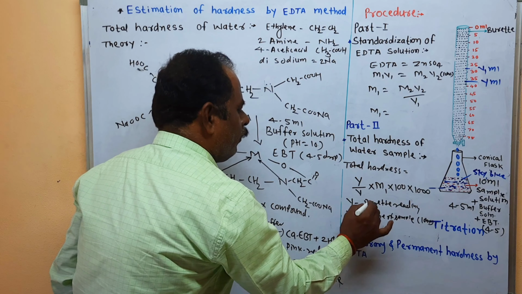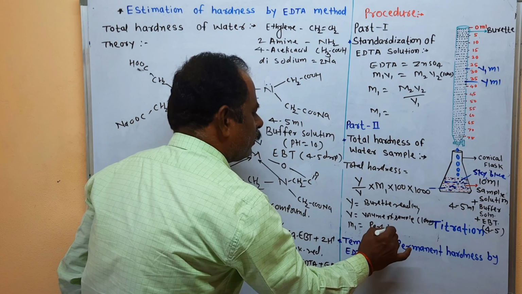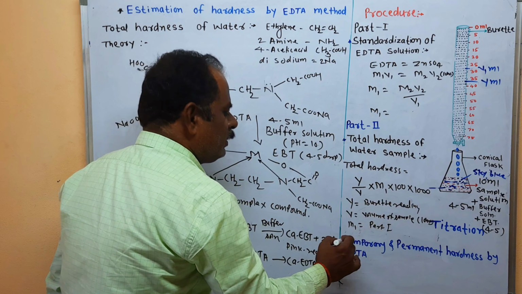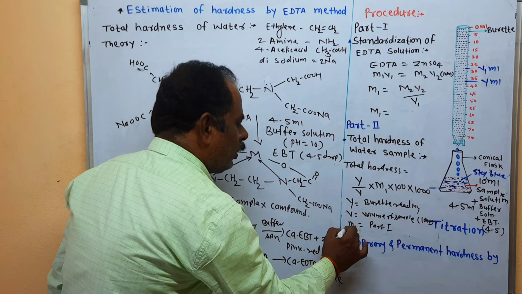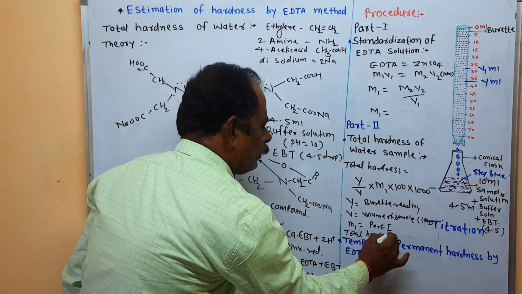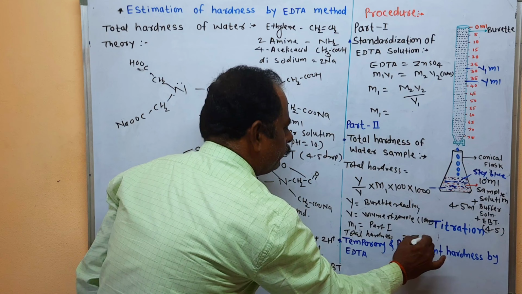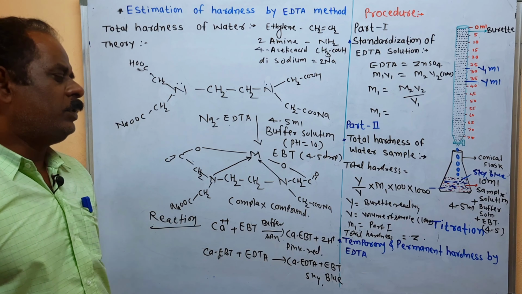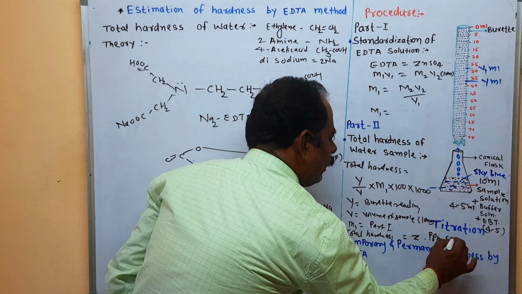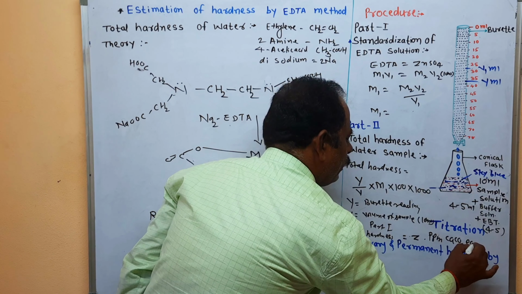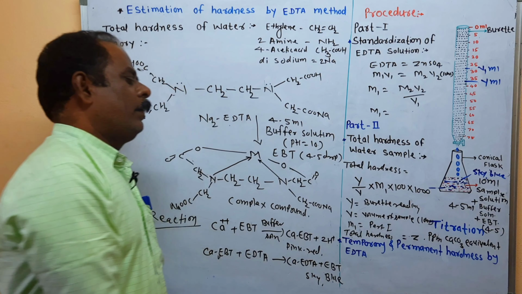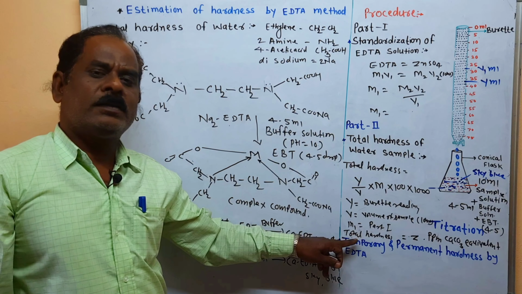M1 is the value calculated in the first part. Substitute the values and calculate; consider this total hardness is Z, Z ppm calcium carbonate equivalent. We get the total hardness.